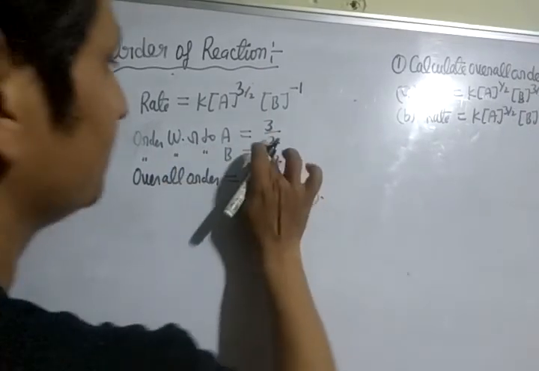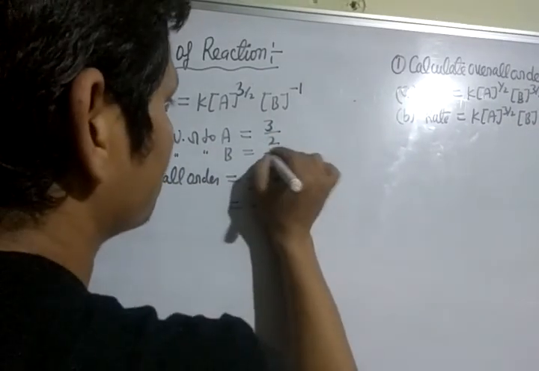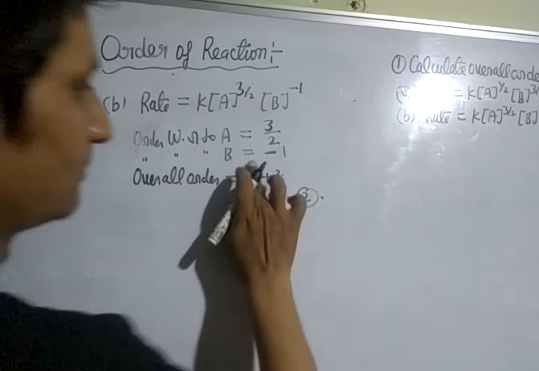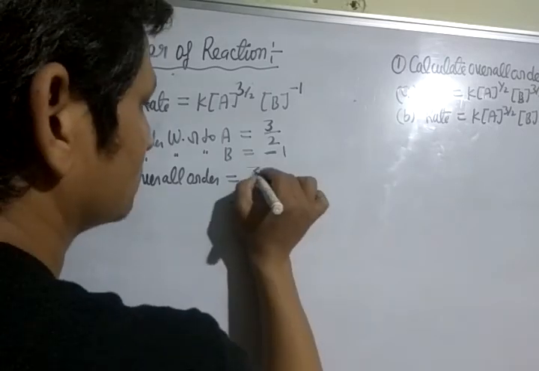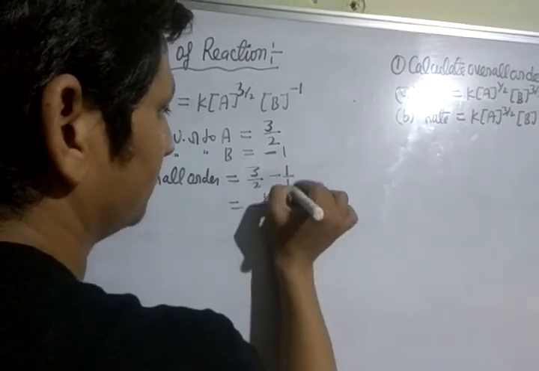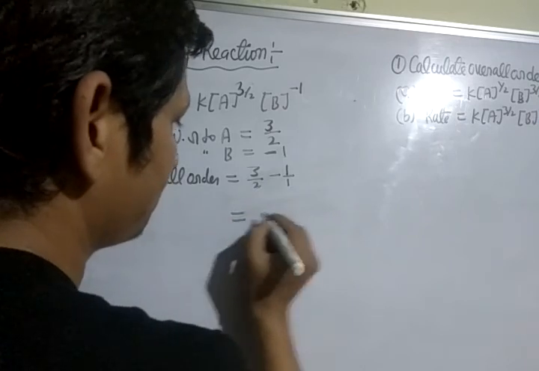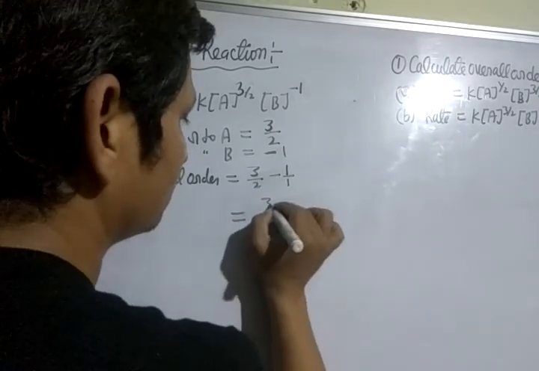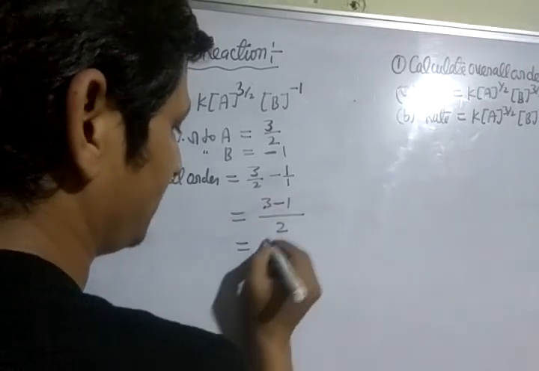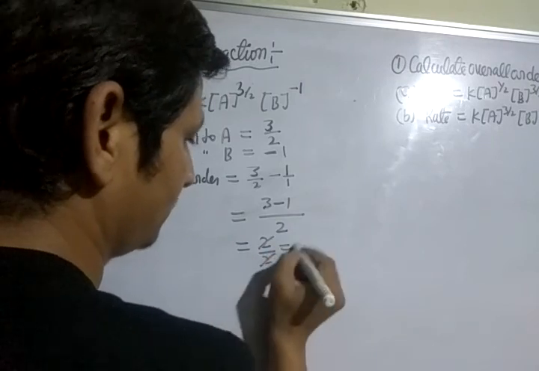Order with respect to B is minus 1. Overall order is 3/2 minus 1. So LCM is 2, 3 minus 2, which is 1 by 2.